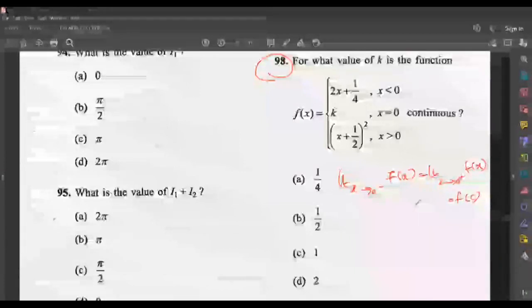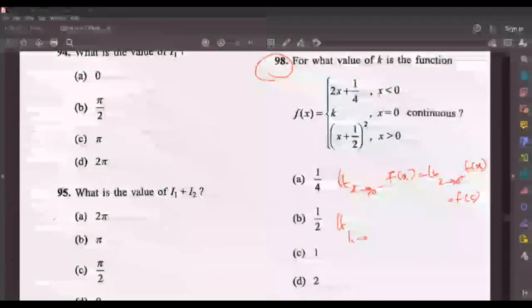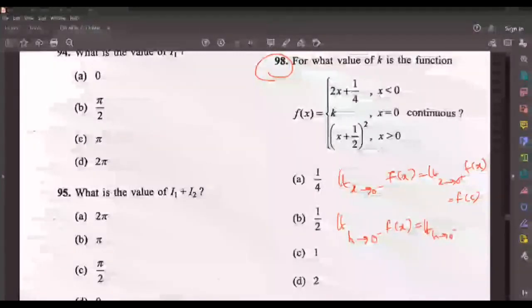So let's see limit x tends to 0 minus f of x. That is 2x plus 1 by 4. So put x as 0. You'll get 1 by 4, isn't it?